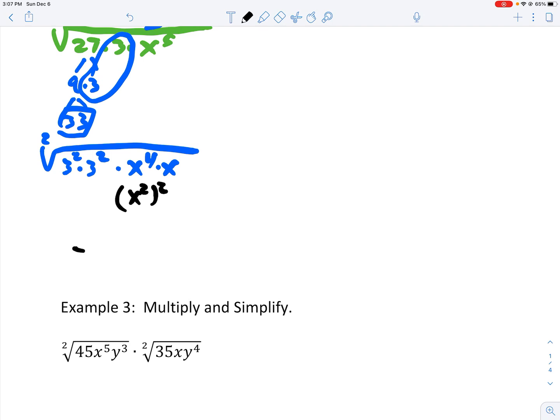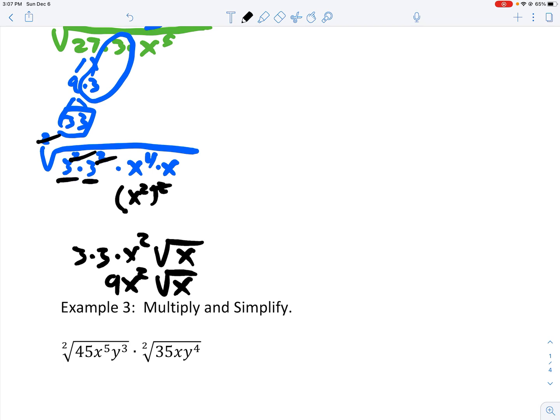So you have the 3, you have the other 3, you have the x squared, and what's left is the x. So it's 9x squared square root x. So these just all reduce away, and what's left goes outside, 3x squared, and the x has to stay underneath the radical because there's only one of them. I need pairs because I'm taking the square root.